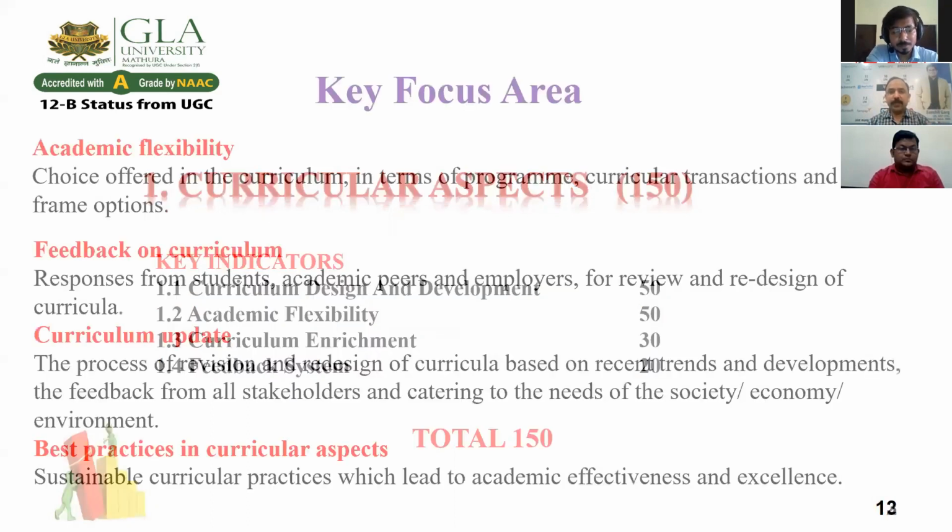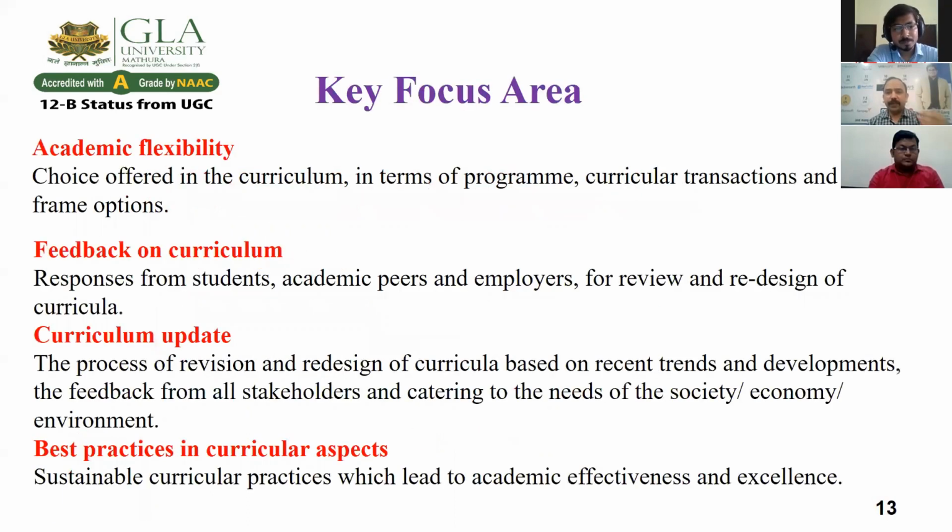If we talk about criteria 1, the key focus area is the academic flexibility, as we discussed. So academic flexibility means what? Choice offered in the curriculum. As we all are aware, the CBCS, choice-based credit system, is now being offered to the student.